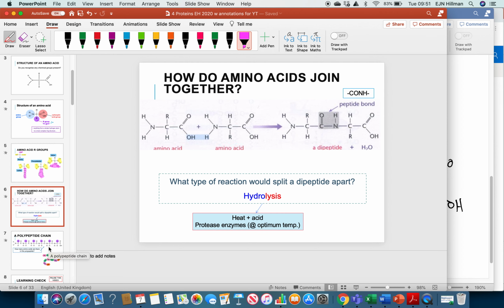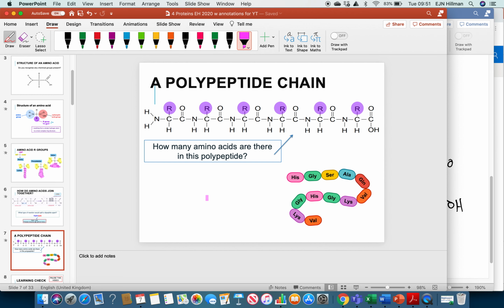Okay, so far we've looked at an amino acid, the monomer, a dipeptide, the dimer. If we continue to add amino acids to the chain, we produce what's called a polypeptide chain. And to determine how many amino acids there are in that polypeptide chain, one easy way to do it is to count the R groups.